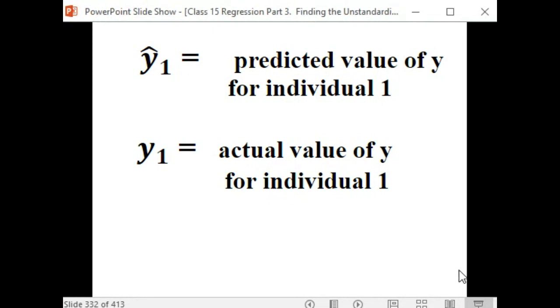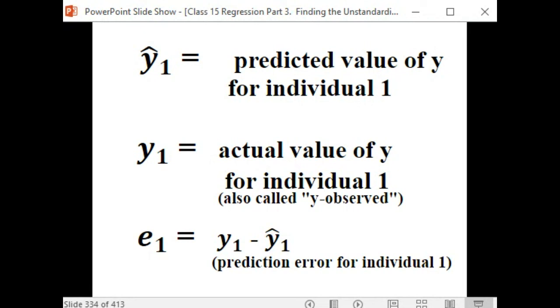Now, the actual value of y is sometimes called the observed value of y, or y observed. It's the same thing, just different names. In this lecture, I'll use all three names, the actual value, the observed value, or y observed.